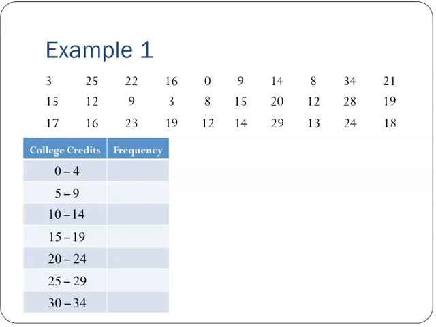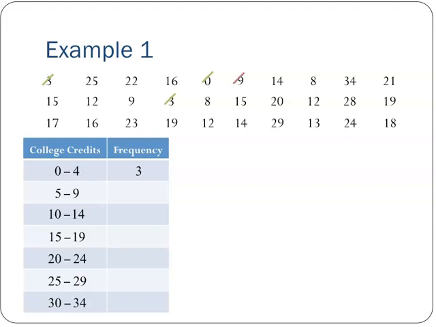Okay, so now we are going to go ahead and look at what we have and count up how many are within each interval. So start with 0 to 4. And let's just go through our data. We see a 3, we see a 0, we see a 3 there. So there are 3 data points that fall into this interval from 0 to 4. We'll go to the next one, 5 to 9.